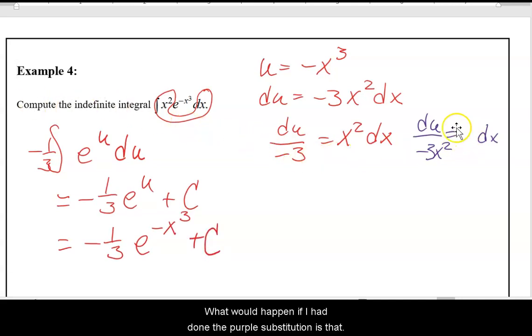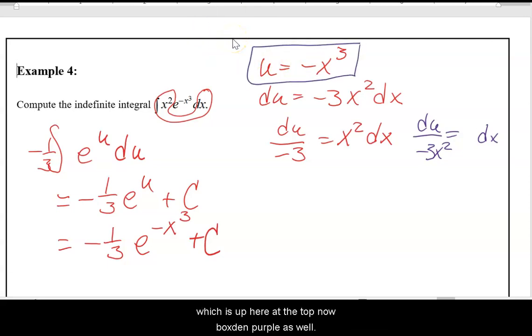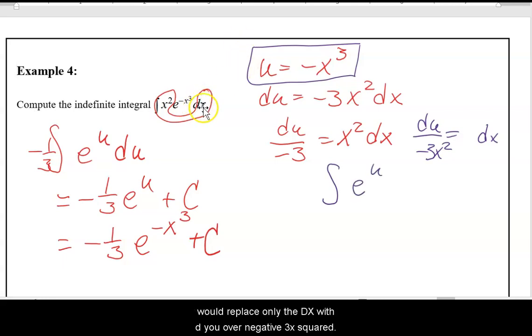What would happen if I had done the purple substitution instead? In the purple, I would still be using the same u, which is up here at the top, now boxed in purple as well. That would give me the integral of e to the u, but I would replace only the dx with du over negative 3x squared.